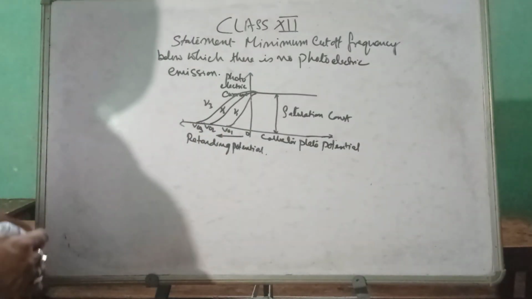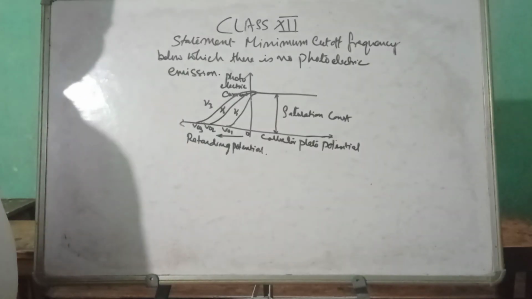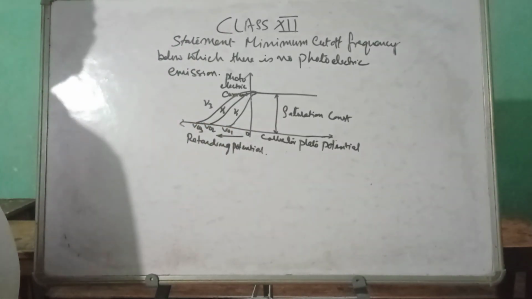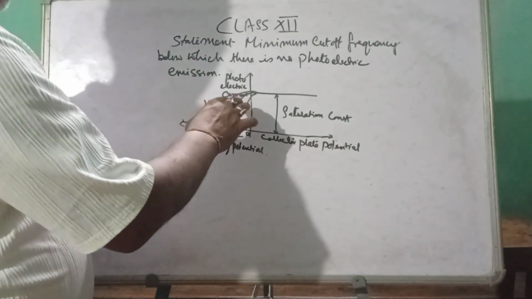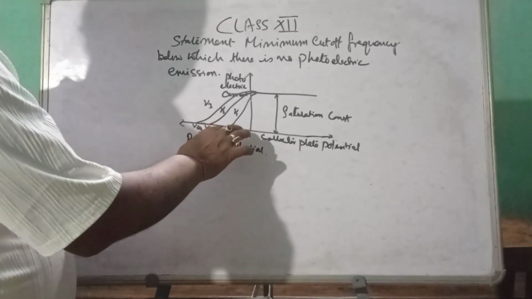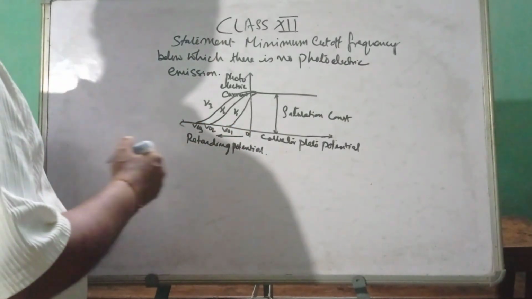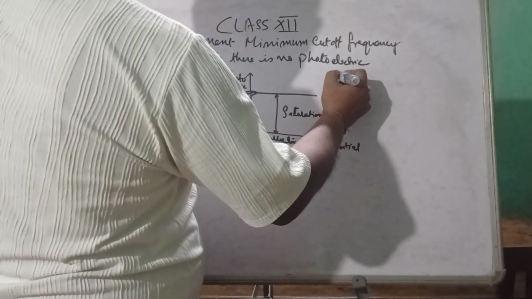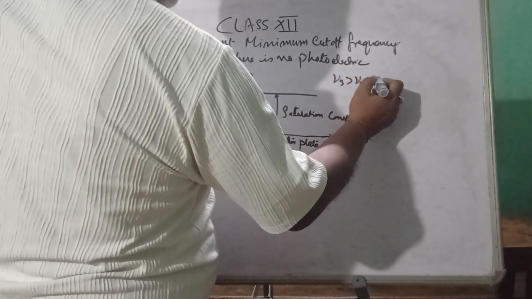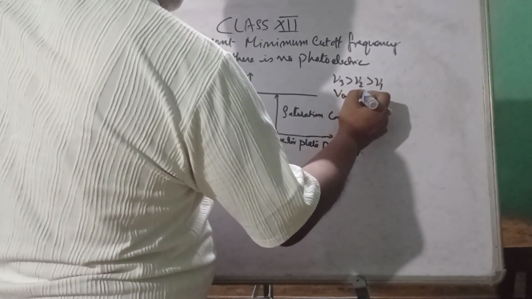From this they found that as the frequency increases, the stopping potential also increases in the negative direction. That means frequency V3 is greater than V2 greater than V1, and the stopping potential follows in the same manner.